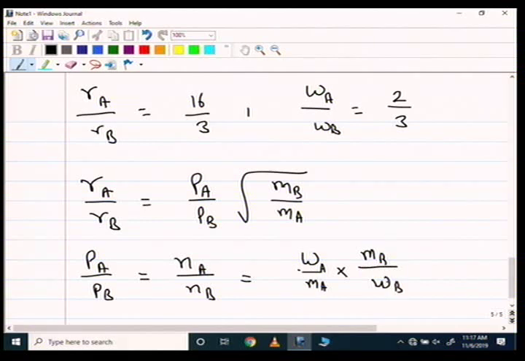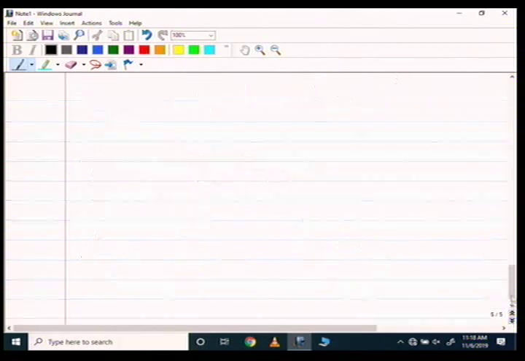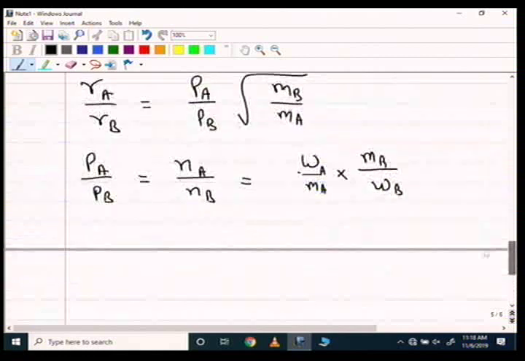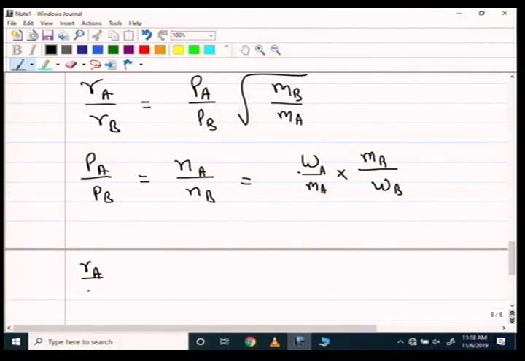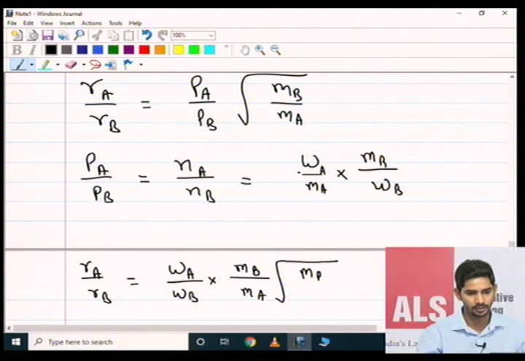We can substitute the value of PA upon PB in terms of weights. So just put this value and you will have this relation, that RA upon RB would be equals to WA upon WB into MB upon MA under the root MB upon MA.